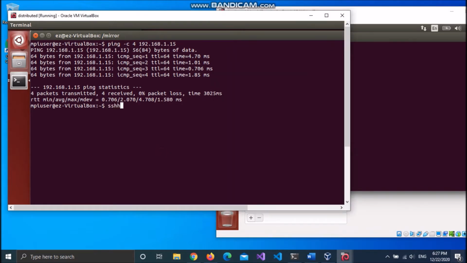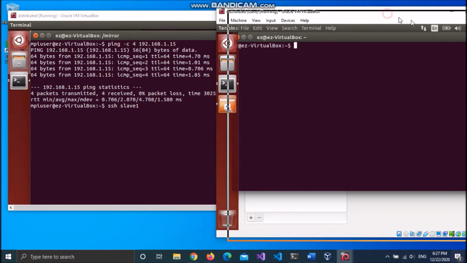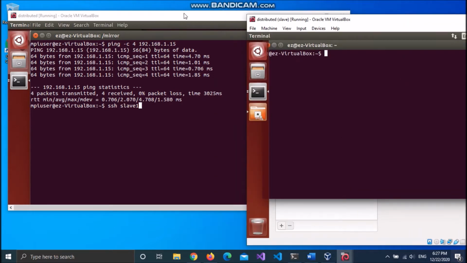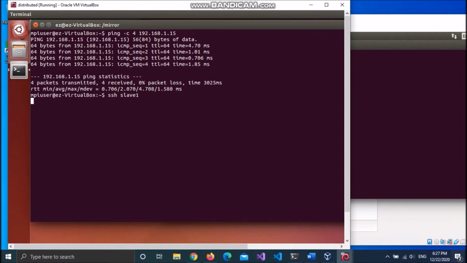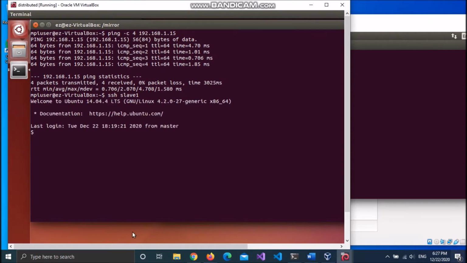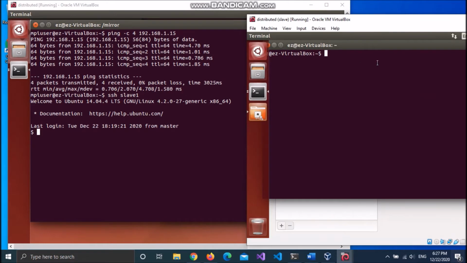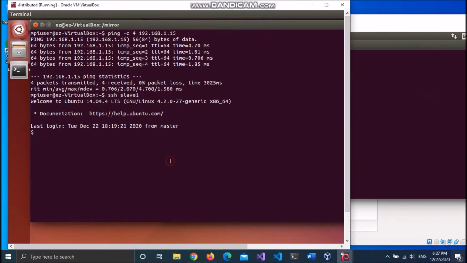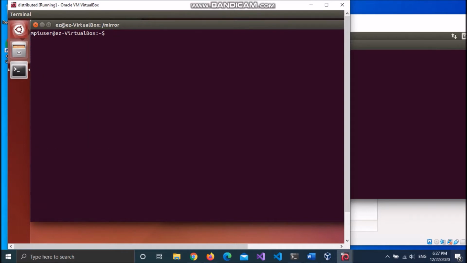If I SSH slave 1, I can use slave 1 for this machine as I have added it to the etc hosts file. Now if I SSH slave 1, as you can see, I have successfully managed to SSH into the other machine. Now I will exit from this and clear the screen.